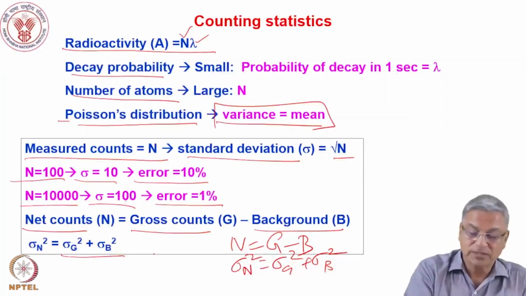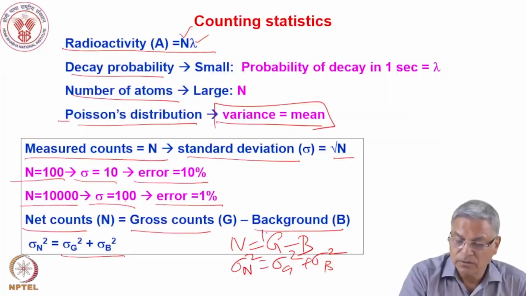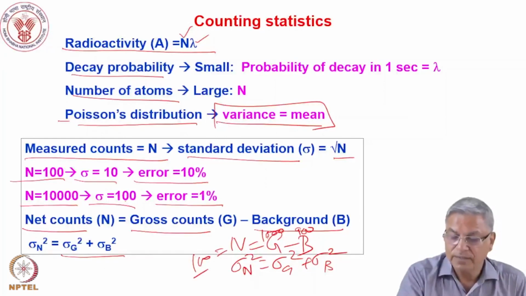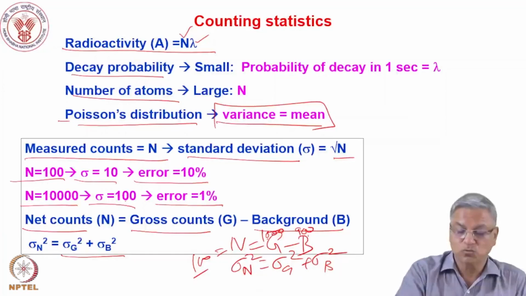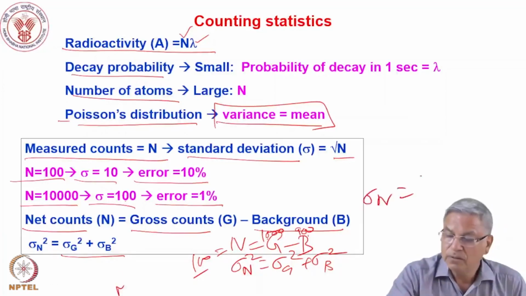Let us say the gross count is 1000 and background is 900. The net count is equal to 100, but the error will be the square root of 1000 plus 900, which is sigma_n.